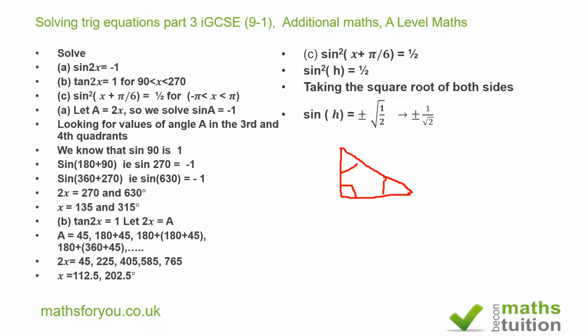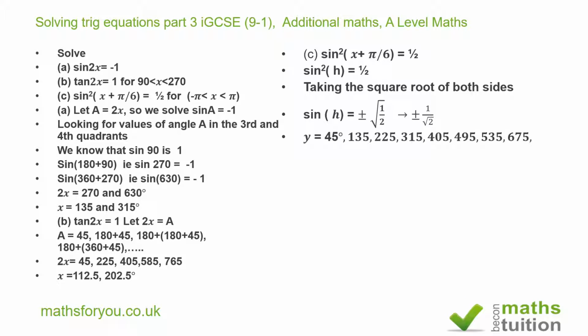If you assume that each of these sides is 1, the hypotenuse is going to be the square root of 2 from Pythagoras. So the sine of each of these angles will be 1 over root 2, and that's 45 degrees. So now we have that y is 45 degrees, 135, 225, 315.